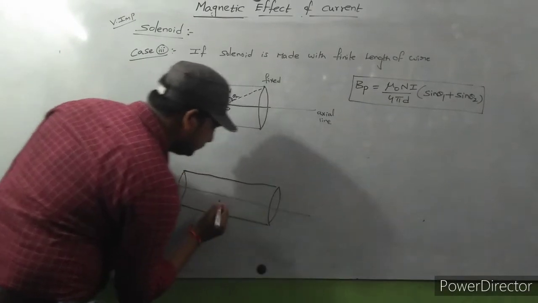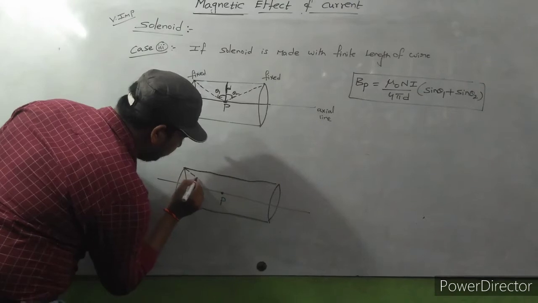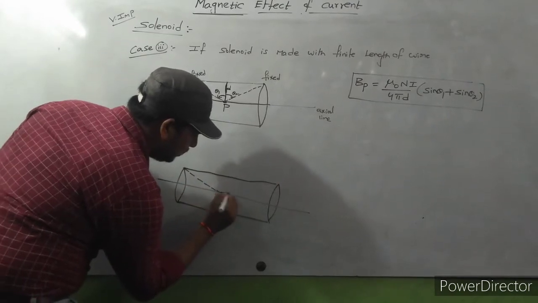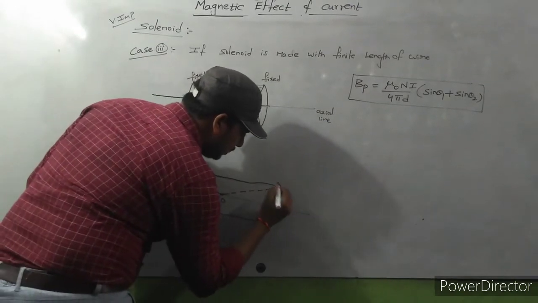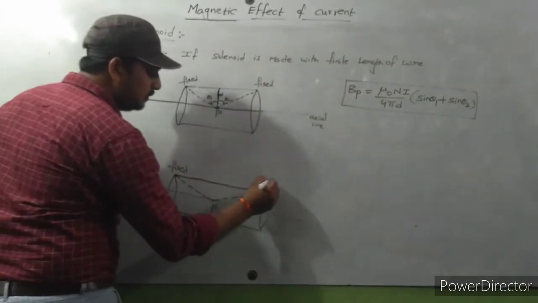This is the axial line, and here is the point. This also has fixed ends because this is a finite length of wire.